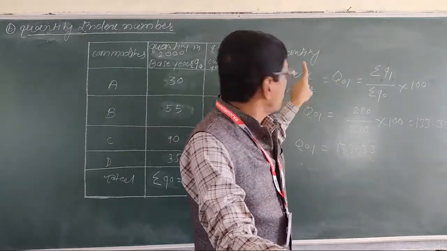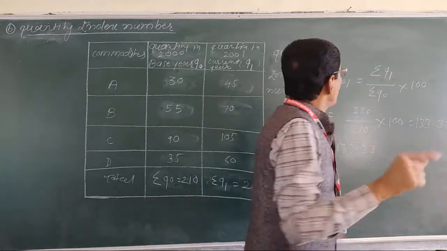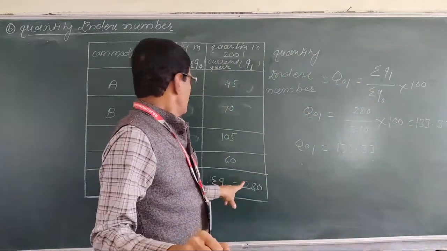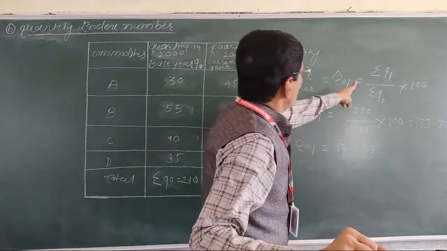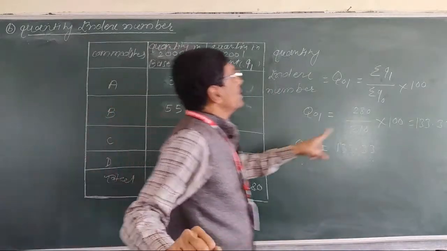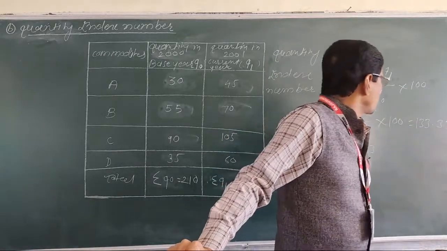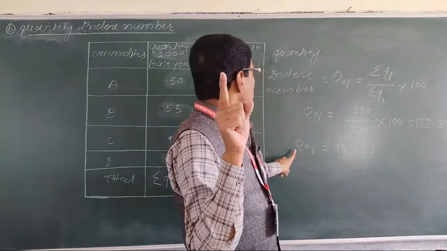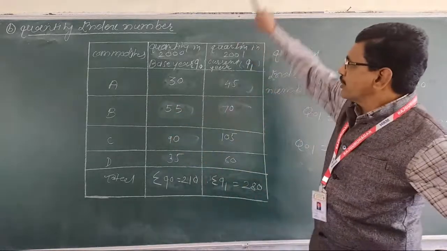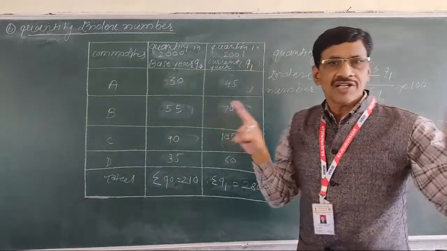The quantity index number is 133.33, with quantity in 2000 as the base year and quantity in 2001 as the current year. Clear? Okay.